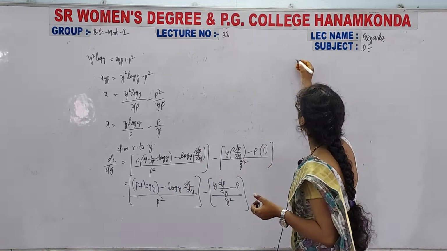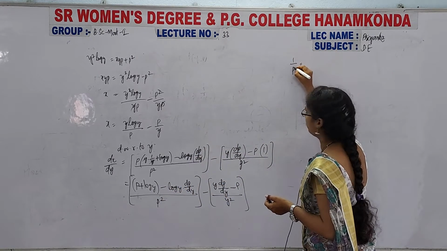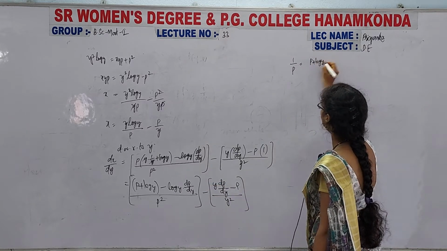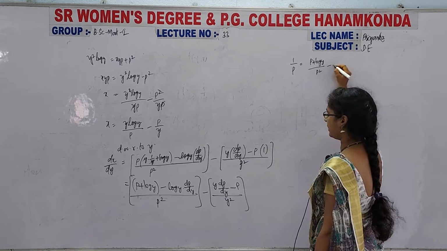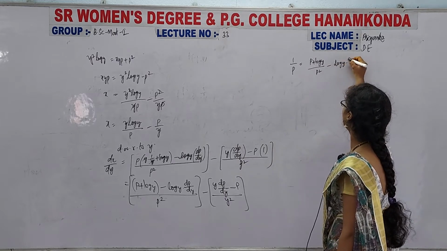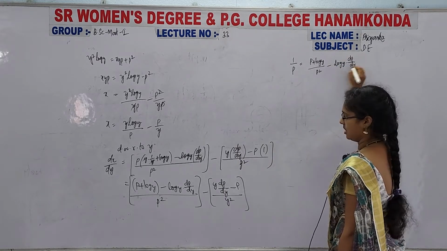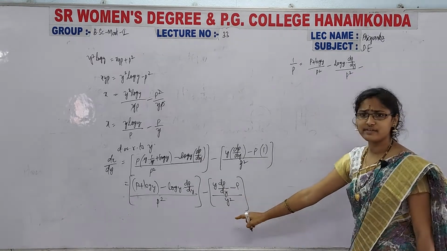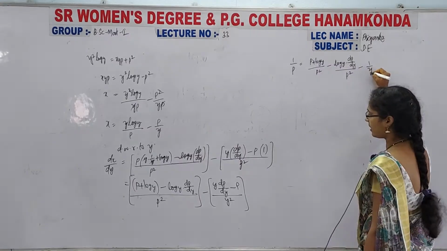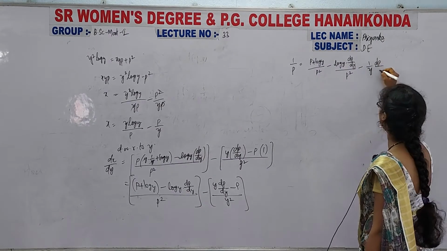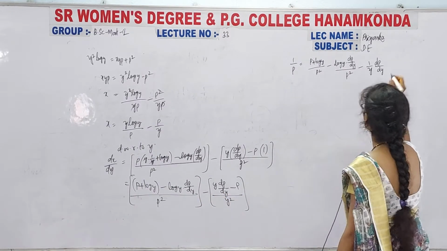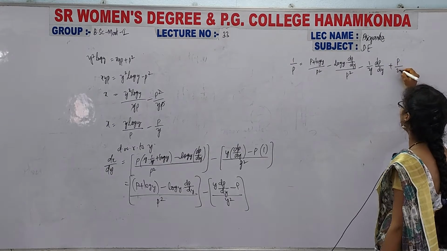Okay, so now here which is nothing but 1 by p of, here what we get, I am writing it as p plus log y by p square minus log y into dp by dy by p square, and here minus y by y square, that is 1 by y dp by dy. So here I am splitting, so minus into minus plus p by y square.